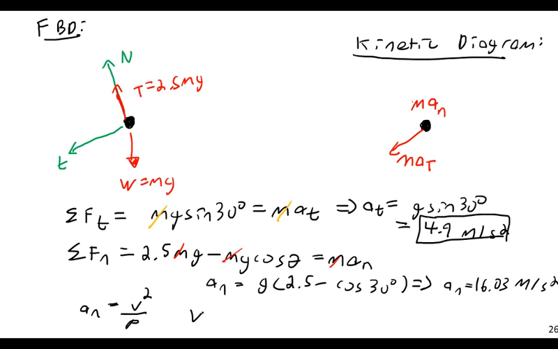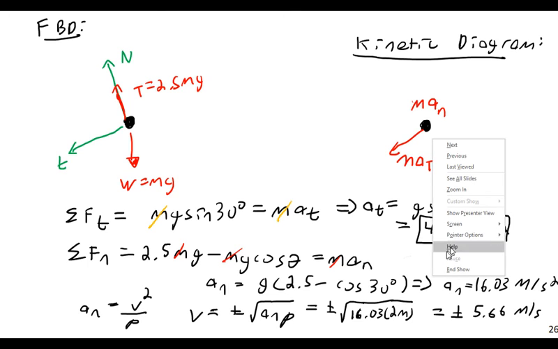So v equals plus or minus the square root of a_n times rho, or plus or minus the square root of 16.03 times rho, which is 2 meters, or plus or minus 5.66 meters per second.